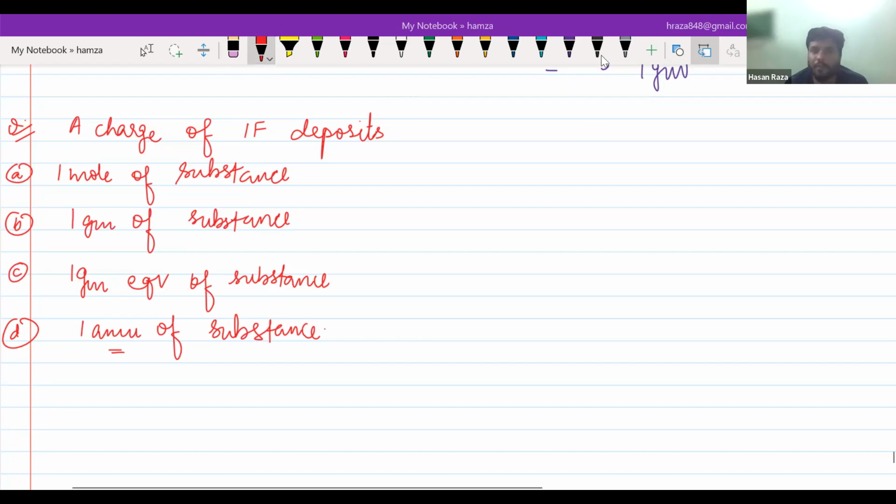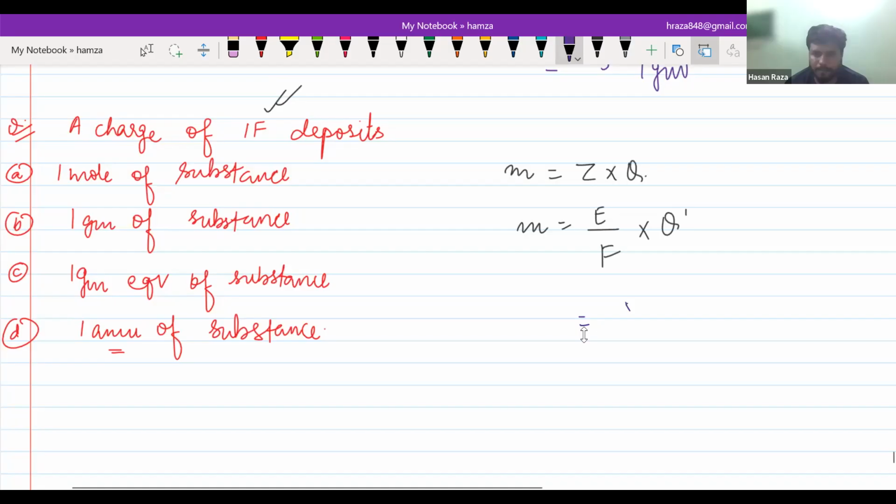A charge of 1 Faraday deposits 1 mole of substance. Now you know that M is equal to Z into Q. Yes or no? M will be equal to Z into Q, and for Z I can write E upon F into Q. How much charge is deposited?